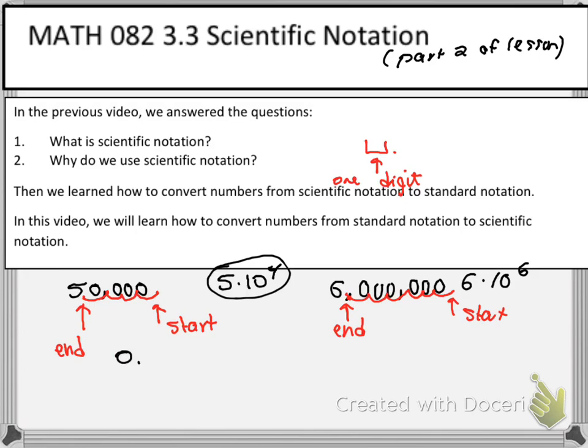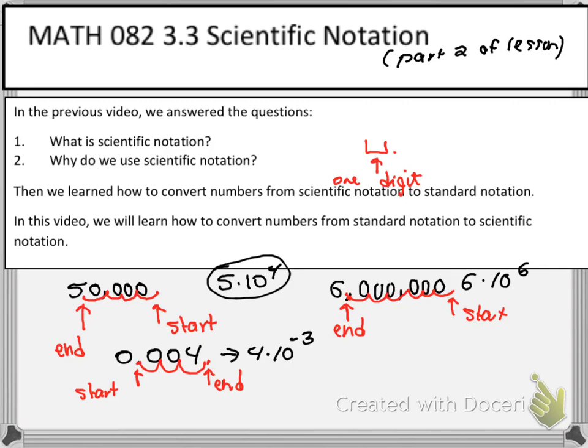Let's look at numbers that are smaller than 1. Let's take the number 0.04. The decimal place is starting here, and it needs to end right here. So let's count how many places we need to move this. 1, 2, 3. I moved the decimal 3 places, so this becomes 4 times 10 to the negative 3rd.